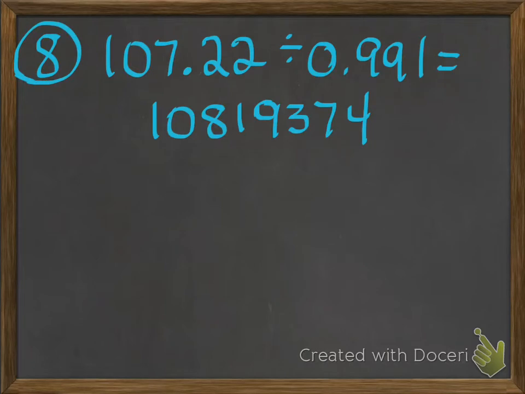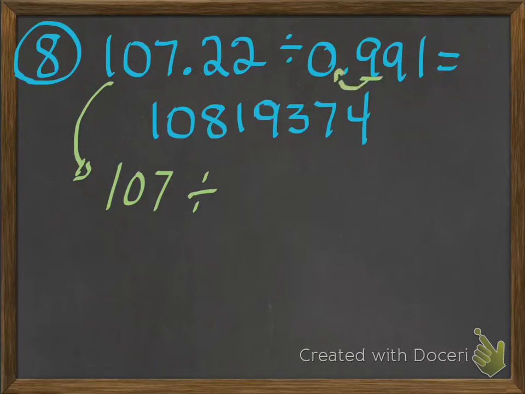107.22 divided by 0.991 equals 10819374. Give it a try. Alright, again, I'm going to round these numbers so that they're easy to work with. I get 107.22, so I'm going to round that just to 107, divided by 0.991, I'm going to round that up.